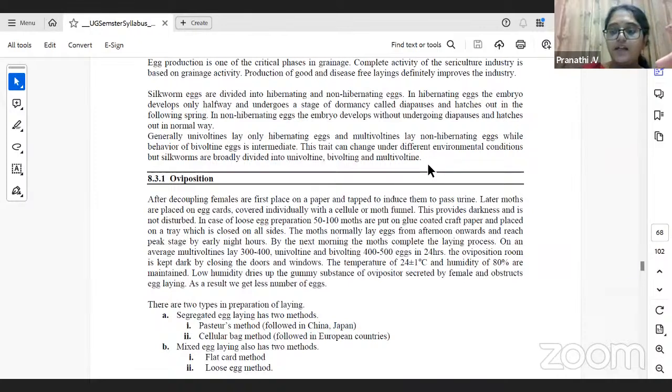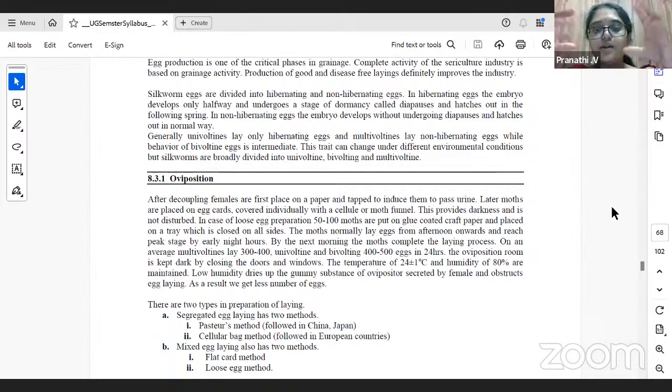Oviposition. After decoupling, the females are placed on paper and tapped to induce them to pass out urine. Later, moths are placed on the egg cards, then covered individually with cellulae or a moth funnel. So there is darkness and they are not disturbed.